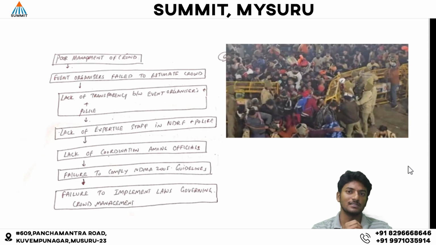And other factors include an expertise shortage in the NDRF and the police department to handle such a crowd. There is a lack of capacity building among the NDRF personnel and the police personnel to handle such a crowd. And other factors include a lack of coordination among the officials and misinformation prevailing among the officials in the response to the stampede.